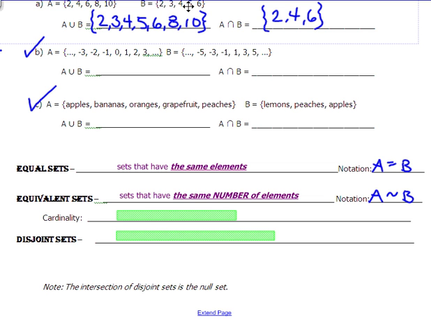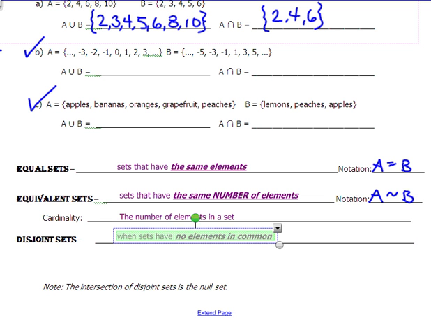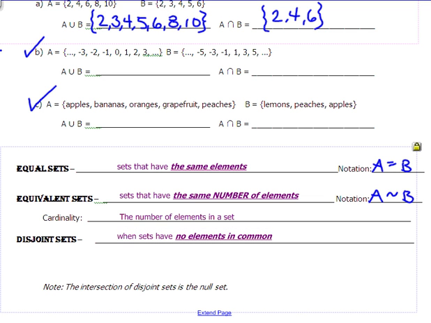And then the cardinality is going to be the number of elements in the set. So in the previous example, it would have been 3. Disjoint sets have no common elements. And if you think about the intersection of disjoint sets, you will get the null set. Since they have nothing in common, elements that are common to both would be none.